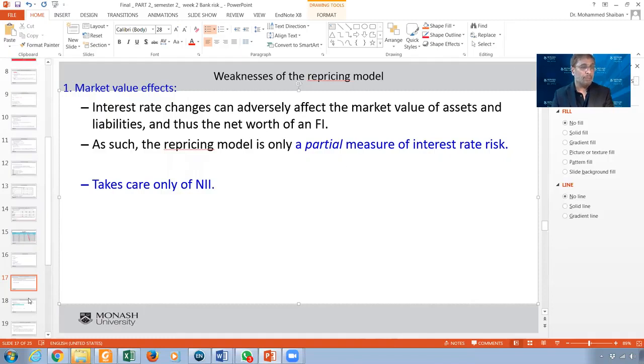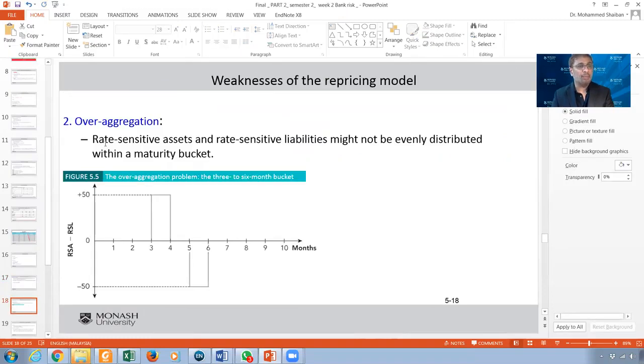Okay. The second thing is what they call over aggregation. Look, when you look at the buckets, for example, this bucket is from week 1, from month 1 to 6. Actually, we are saying, for example, you are calculating in the bank, the ones within this bucket is actually 0 according to this, because in week 1 there is nothing, week 2 there is nothing, there are no gaps here.